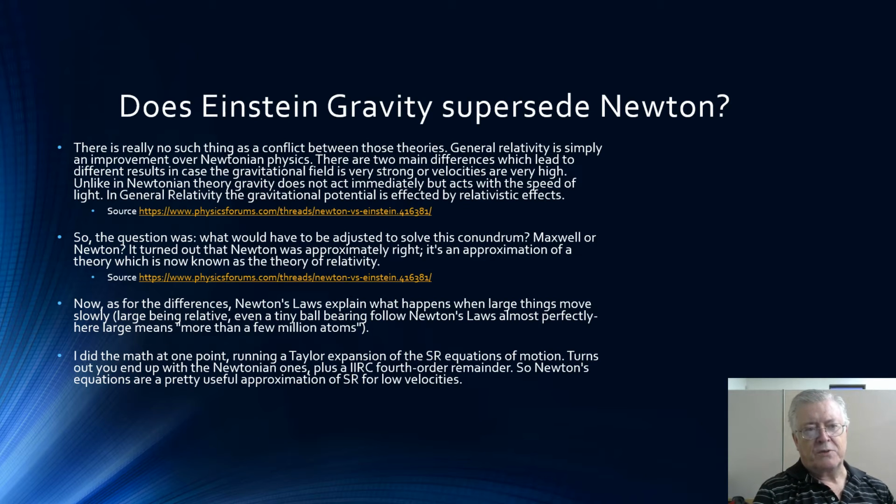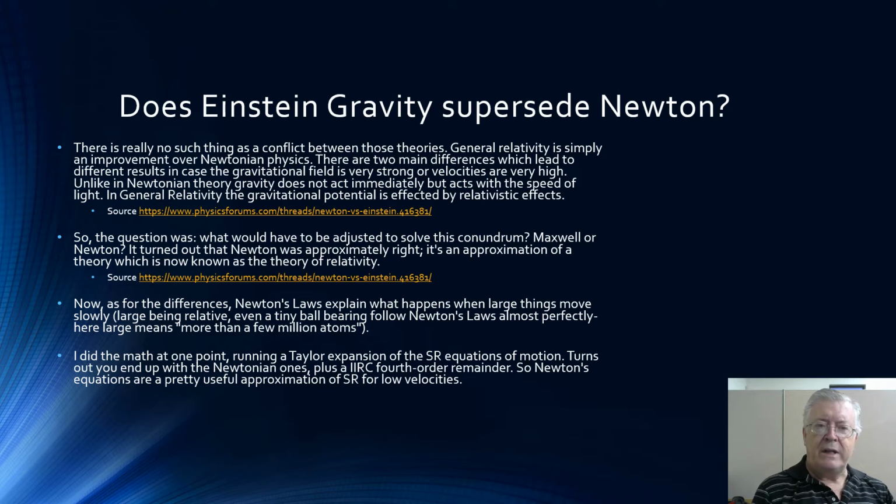So first one: there's really no such thing as a conflict between those theories. General relativity is simply an improvement over Newtonian physics. There are 2 main differences which lead to different results. In the case the gravitational field is very strong or velocities are very high.